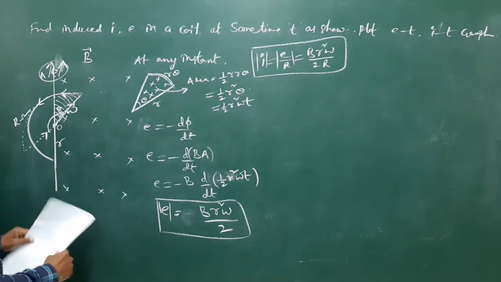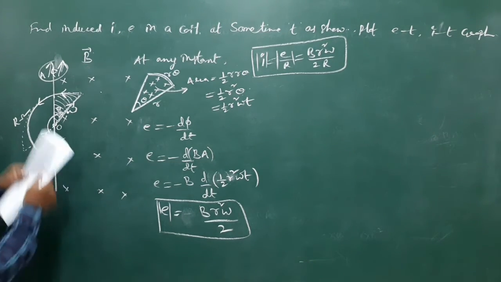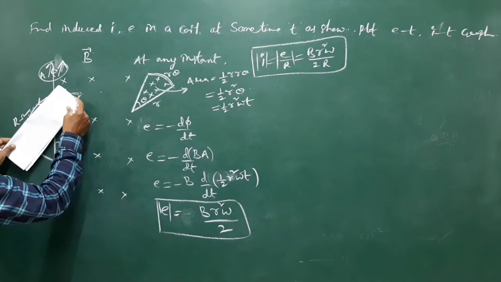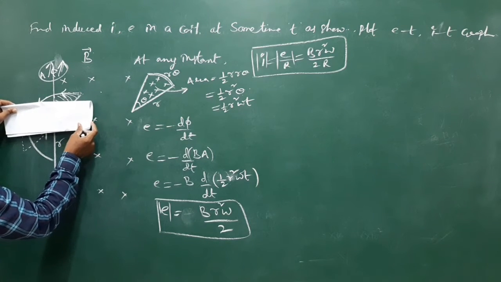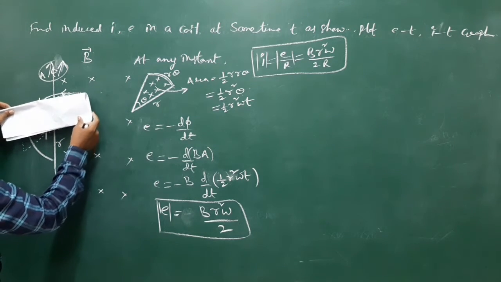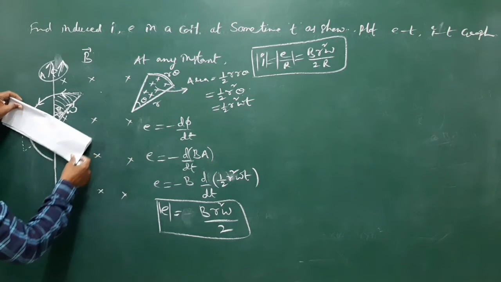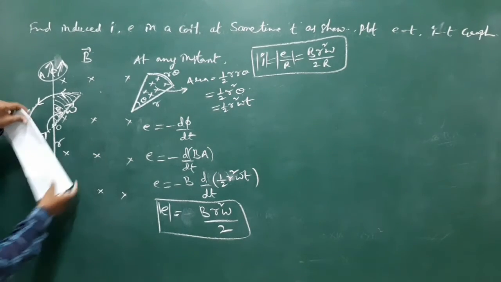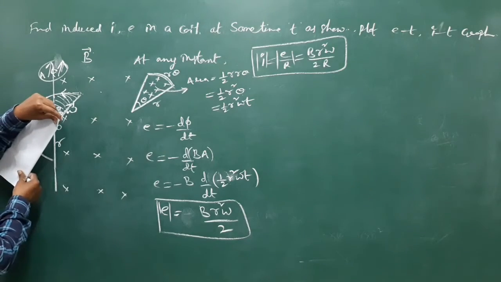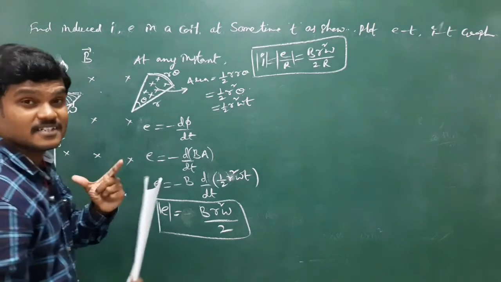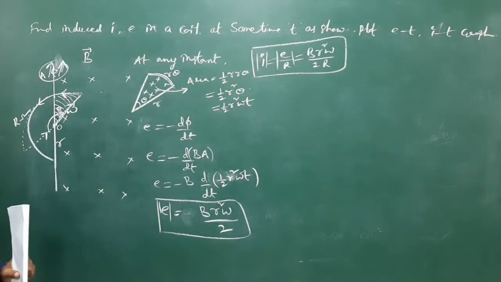Let us suppose this is the semicircular wire. Once it enters like this, the current is almost anti-clockwise. Once the loop comes out, what decreases? The area decreases.